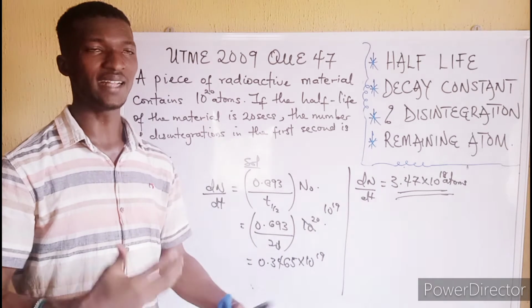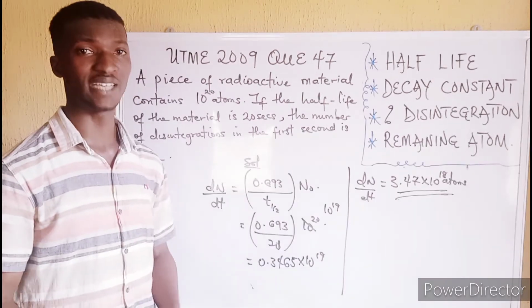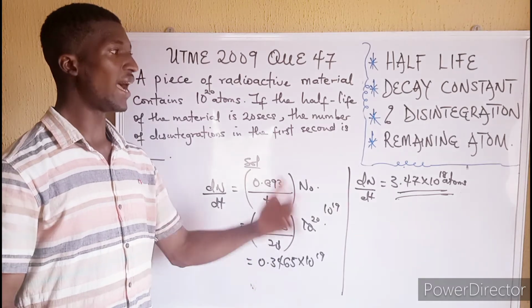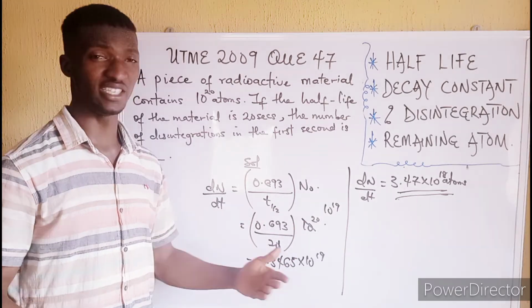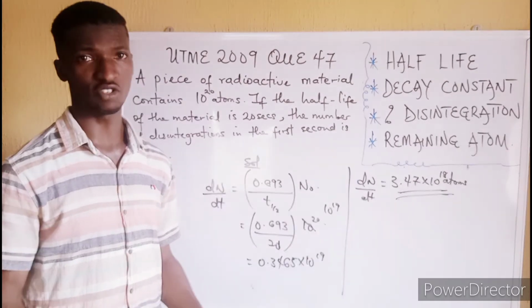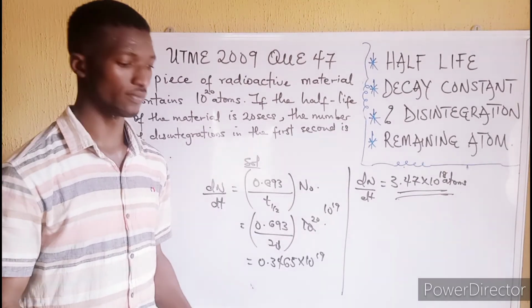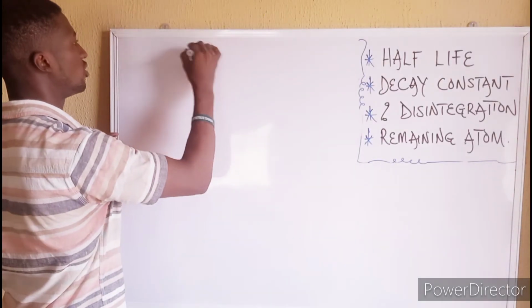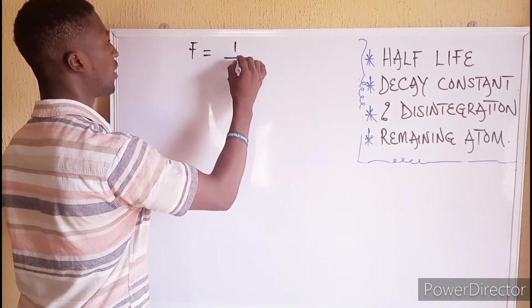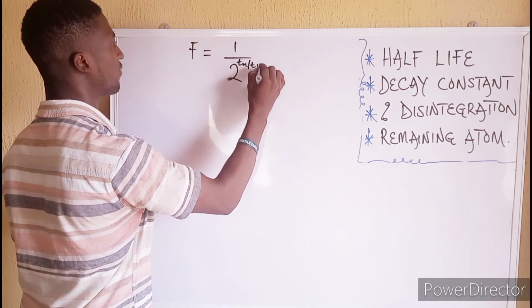We will move to another factor which they can ask to determine, like the fraction of the remaining atom after disintegration, and as well the percentage of disintegration. We can also look at the remaining number of atoms after disintegration. So let's quickly look at this now. Your fraction of disintegration is equal to 1 over 2 raised to power Tn over T half.